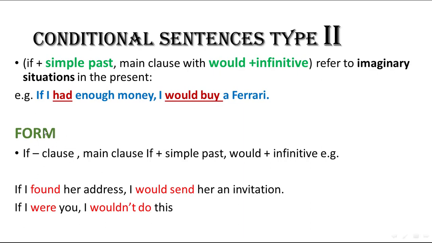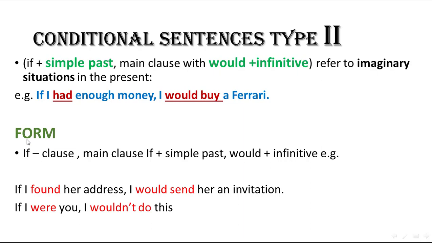Let's talk again about the form. In the if clause, or we can also call it the main clause, if is followed by simple past tense. We said that we use the conditional sentences type 2 to refer to imaginary situations in the present, something I wish I have now in the present but I didn't have.